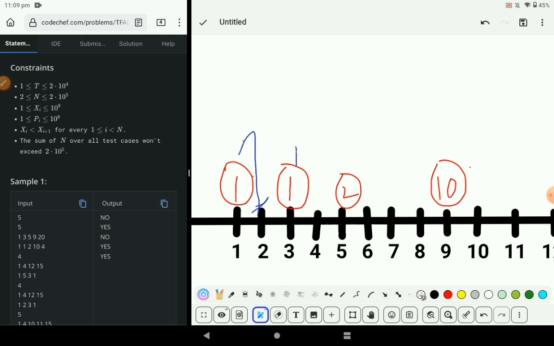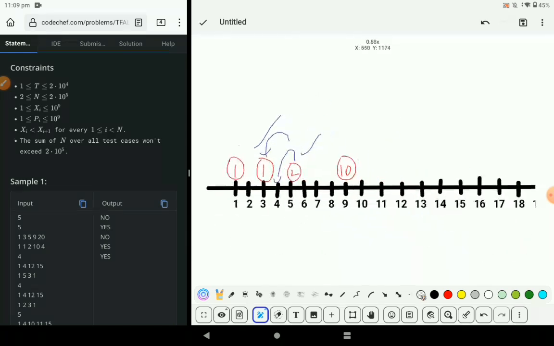Also the second ball is not able to activate the first ball nor the third ball, because it has been given the power of 1, so it can move only one index apart. Is that clear? But the third ball has a power of 2, so it can move 2 positions, 1, 2. So the third ball is able to activate the second ball.